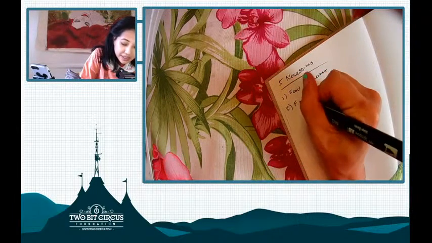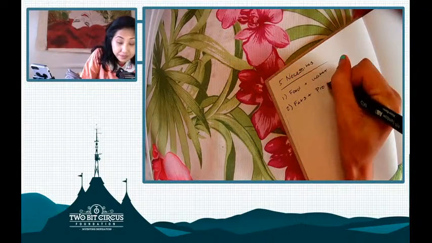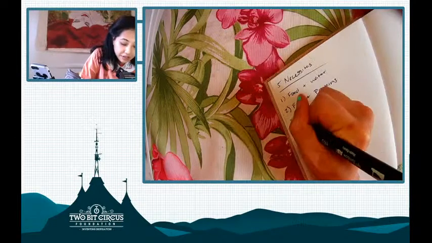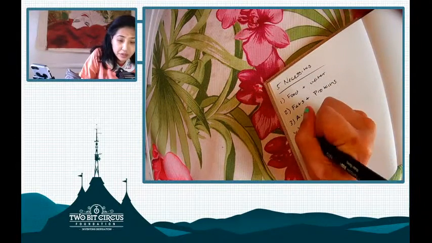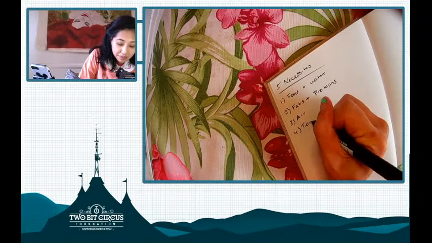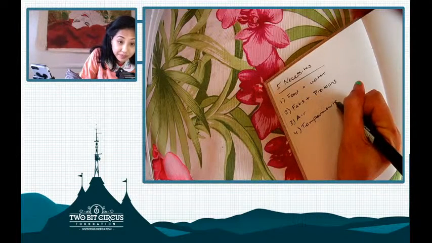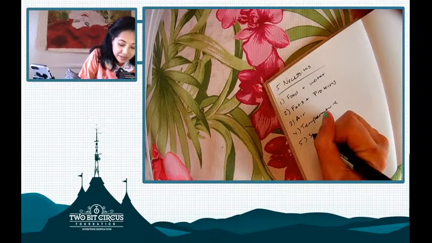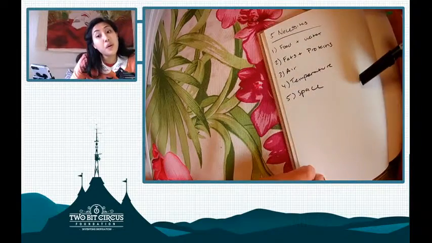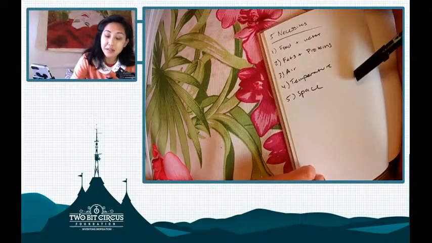Another necessity is fats and proteins. Air is very important. I don't know about you, but I need air to breathe. Temperature and space. Space to call home, space to keep yourself safe, that kind of space.